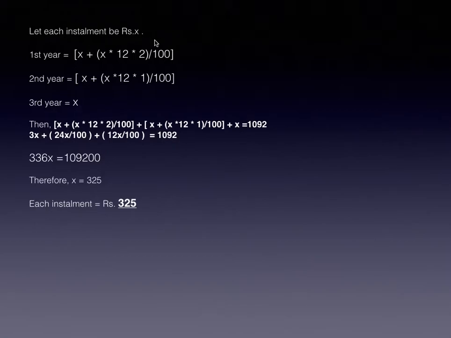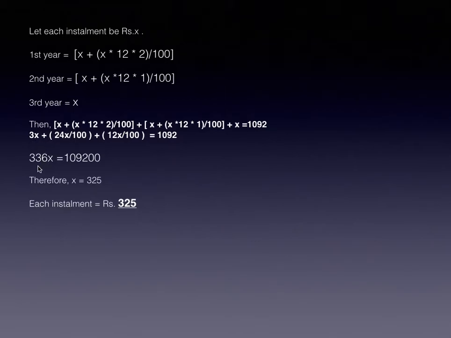That is, we get the debt as X plus X into 12 into 2 by 100, plus X plus X into 12 by 100, plus X, and this is equal to 1092. Therefore, X plus X plus X is 3X, then X into 24 by 100 plus X into 12 by 100 is equal to 1092.